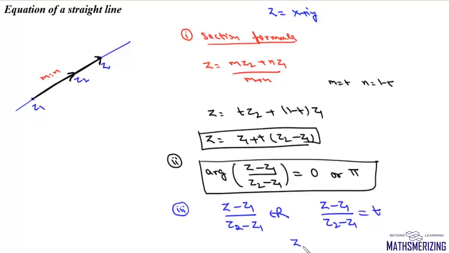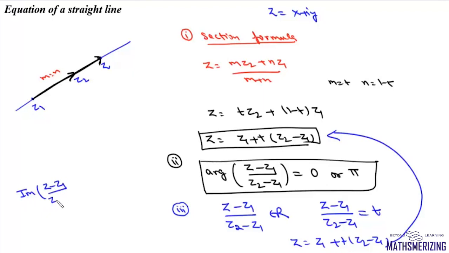Now we cross multiply, we write z as z1 plus t into (z2 minus z1), which again is this first equation. So another way to write equation of straight line is by simply saying imaginary part of (z minus z1) upon (z2 minus z1) is 0. So another way to write equation of straight line is in terms of its imaginary part.